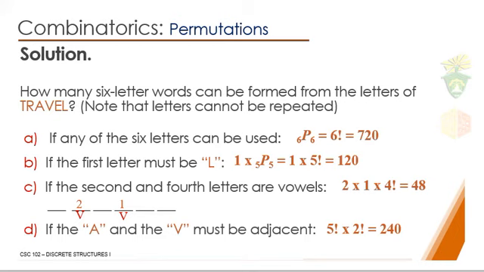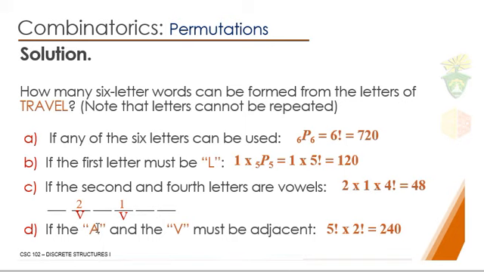Okay? Next, the fourth case: the A and the V must be adjacent, meaning they stay together. So we will treat AV as one letter, so that it is easier to rearrange.